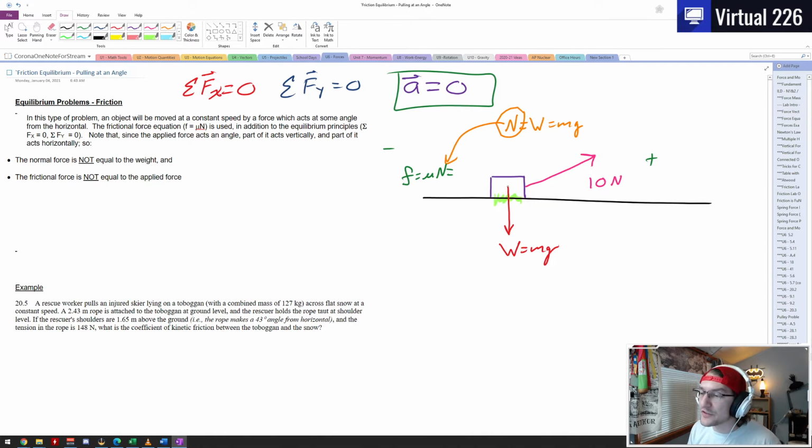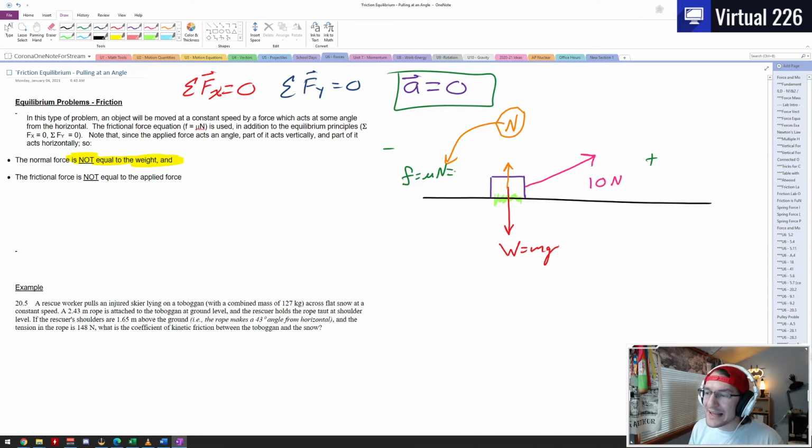Our normal force is going to actually become smaller, and it will no longer equal the weight, or mg. So our normal force will not equal the weight. Okay, it's going to be something smaller in this case. It could be more if we push down into the table, but in this case, it's going to be smaller. But it's just not equal to the weight.